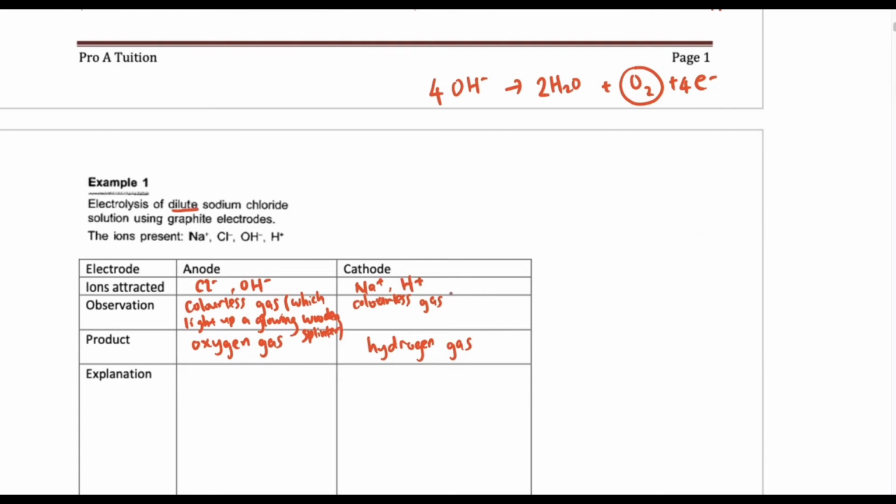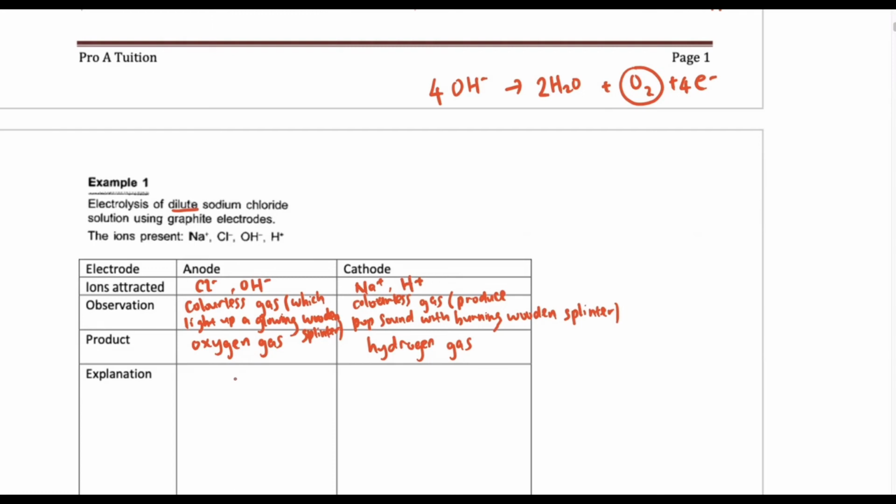This colorless gas has its own property: it produces a pop sound with a burning wooden splinter. If you want to put more details, you put this: produces a pop sound with a burning wooden splinter.